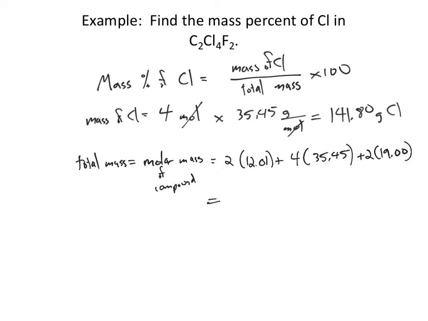And so I get the molar mass would be 203.82 grams per mole, but we're assuming we have 1 mole, so we would have 203.82 grams.